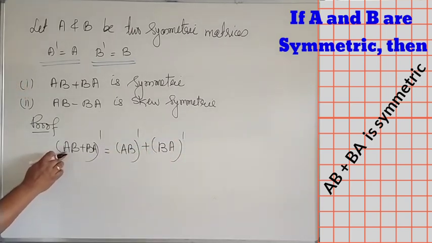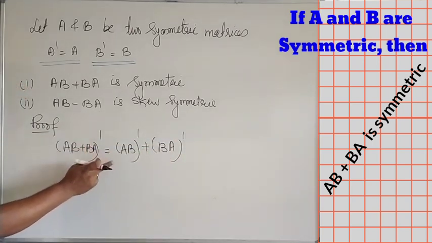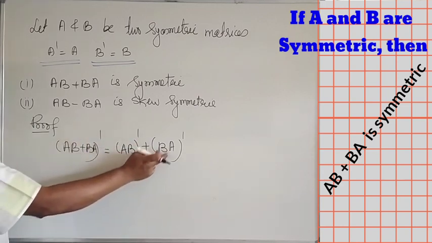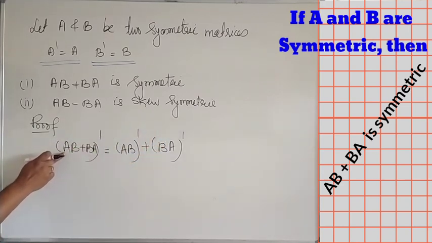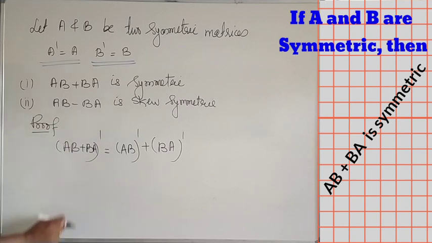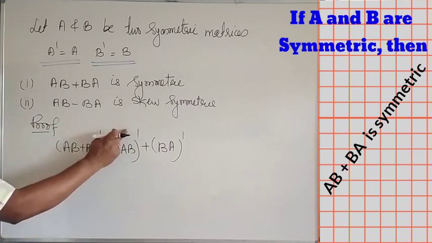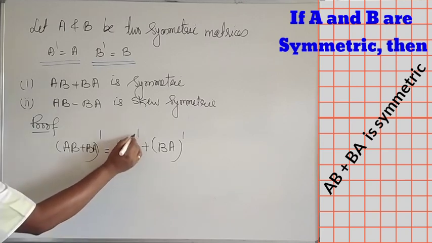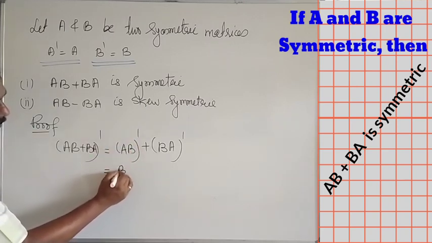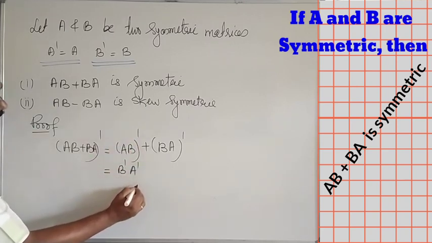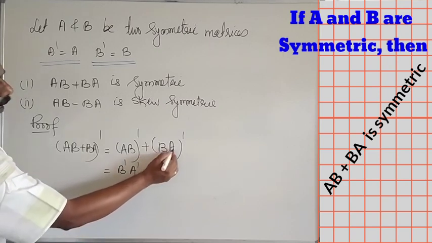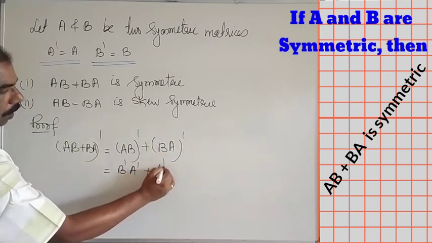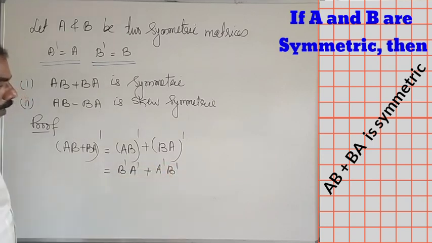Because (A plus B) whole transpose is equal to A transpose plus B transpose, we write (AB plus BA) transpose is equal to (AB) transpose plus (BA) transpose. That's equal to (AB) whole transpose is equal to B transpose into A transpose plus (BA) whole transpose is equal to A transpose into B transpose.